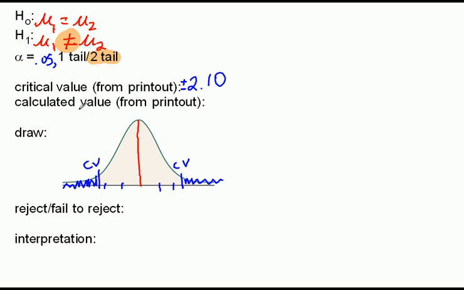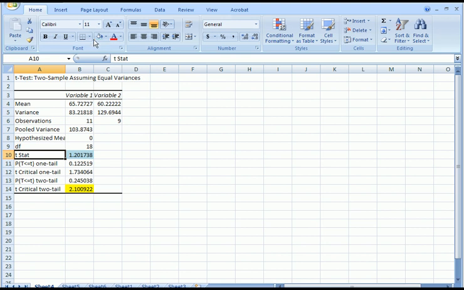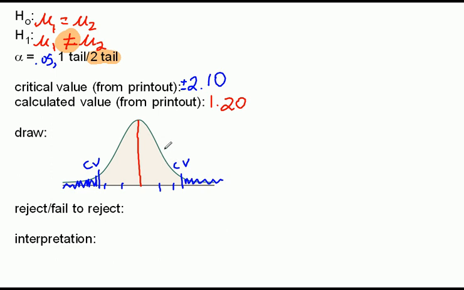I compare that to the calculated value, known as my t-statistic, 1.20. This number was 1.20, which falls in here. My calculated value is 1.20, and it's positive. It is not in the rejection region.